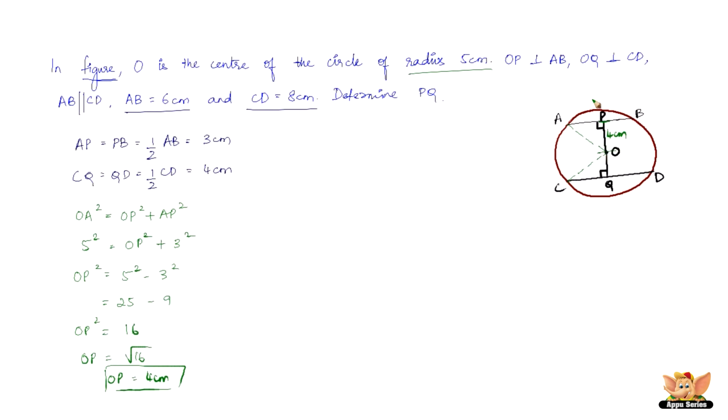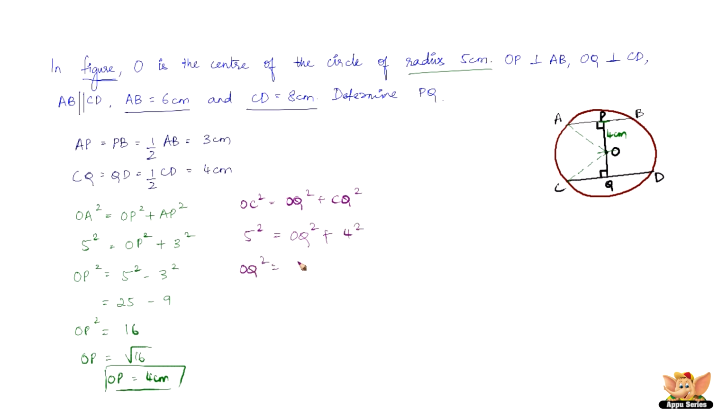Now, considering the right triangle OCQ, we have OC square equals OQ square plus CQ square. OC is again 5 centimeters because it is the radius of the circle. OQ is what we need, so it remains OQ square. CQ square is 4 centimeters, so 4 square.